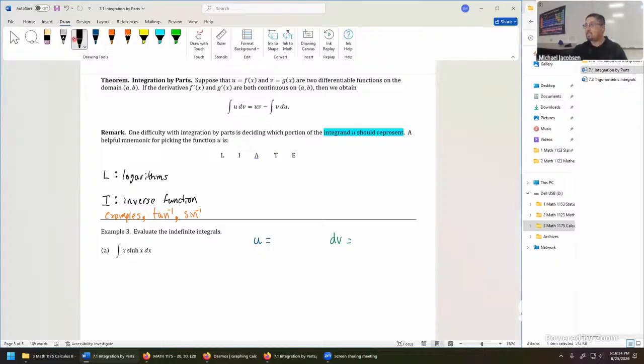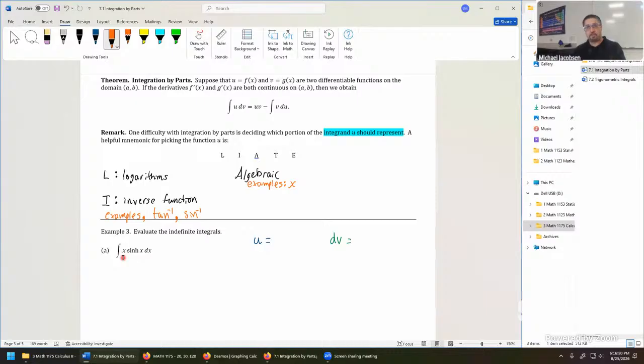After that, A stands for just algebraic. What we mean by that, for examples, is maybe it's just literally an x. Like in our case, there's an x. That's the algebraic part in the LIATE acronym method.